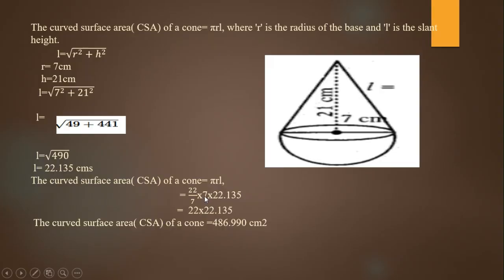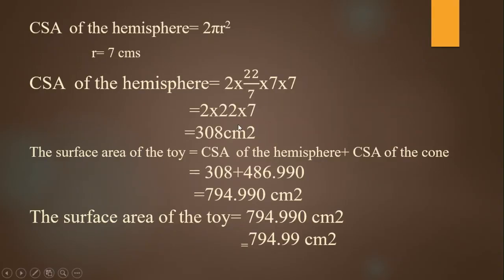So here 7 and 7 get cancelled. So finally 22 into 22.135. What is the value? 486.990 square centimeters. What is this? The curved surface area of the cone is nothing but 486.990 square centimeters.